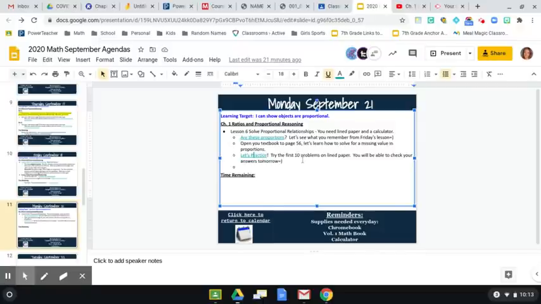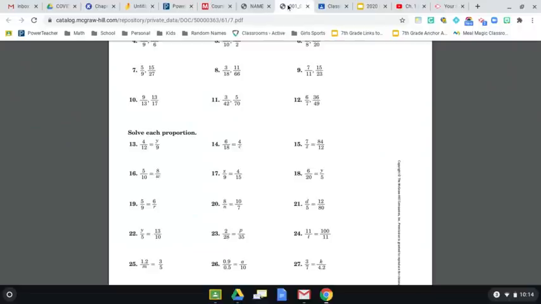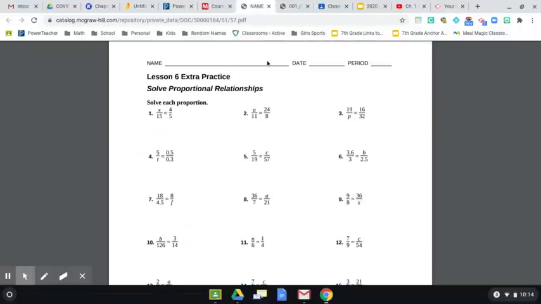You're going to try 10 problems on line paper, the same line paper that you've been using today through our lesson, and see if you're getting comfortable with solving proportions. And then tomorrow I will give you the answers or show you the work when you come to school tomorrow, or if you're at home watching virtually, and then you'll be able to see if you've done them correctly. So the problems are going to look like this one right here.